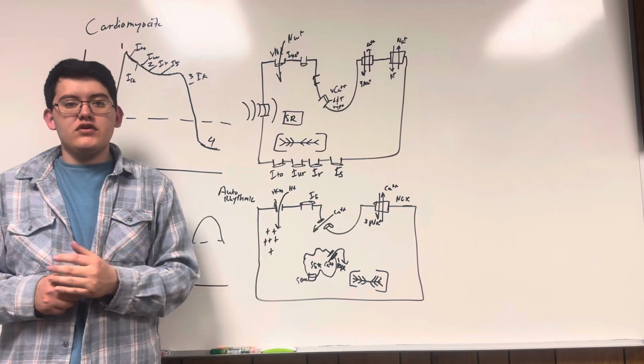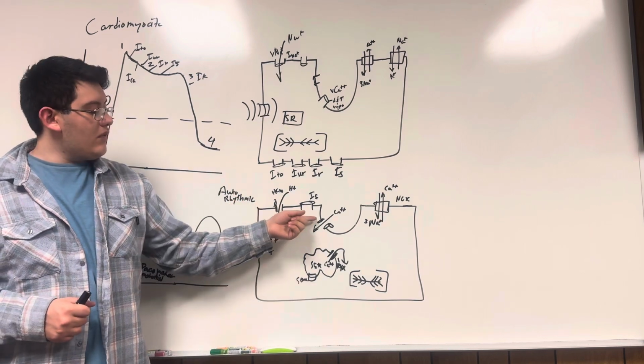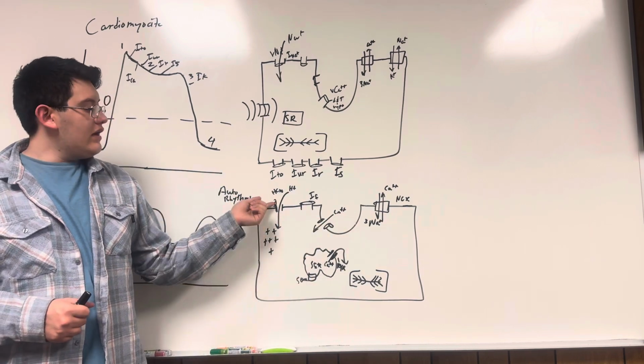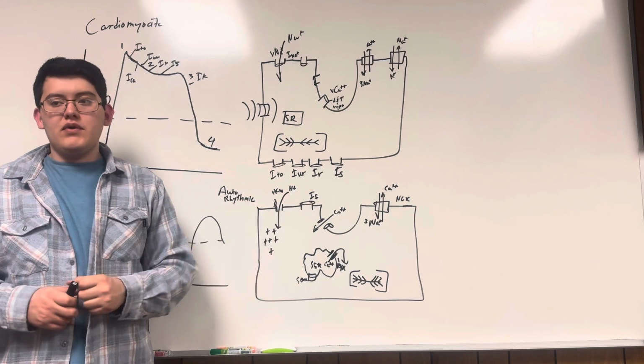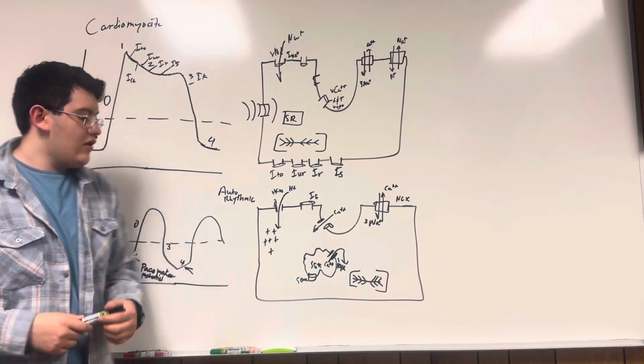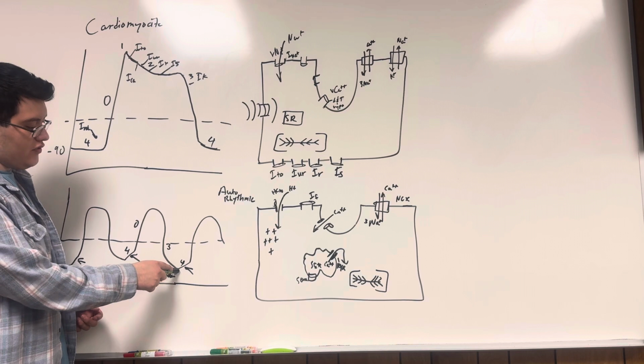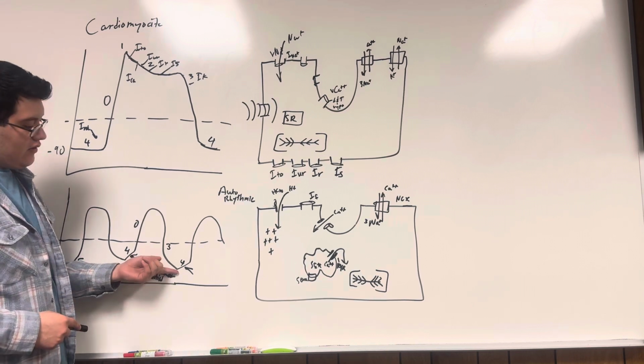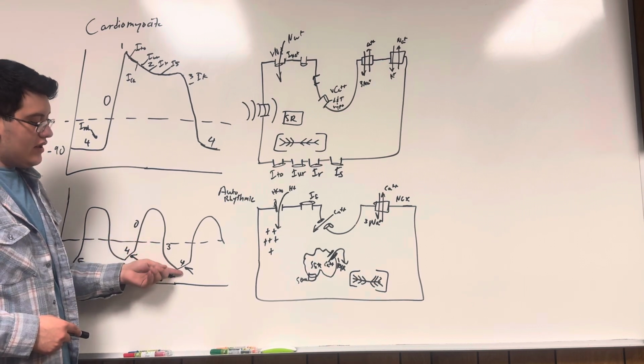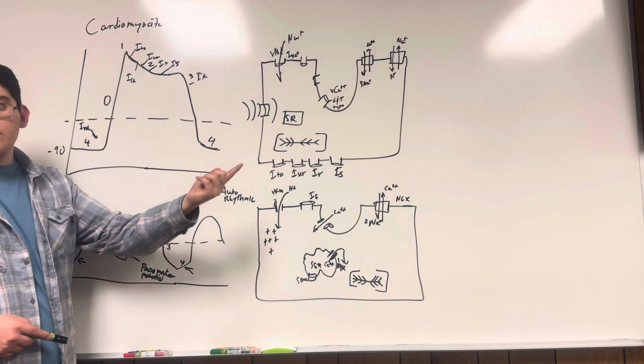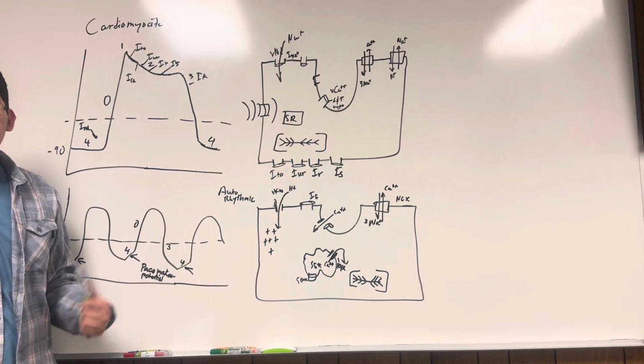Instead of the usual opening when we depolarize, the HCN and the IF open when the cell is hyperpolarized, when we're starting to dip under, and they cause the cell to depolarize quickly back up. That way we continue going.